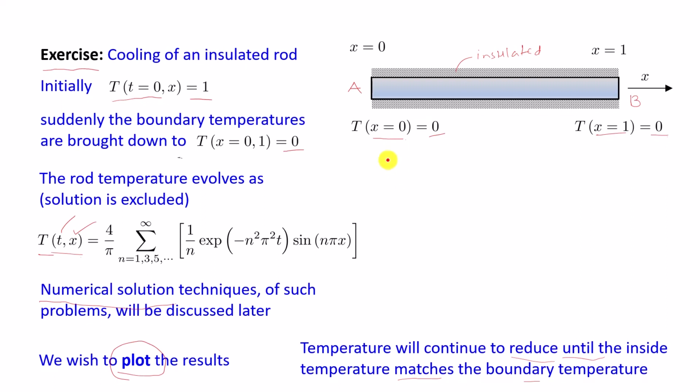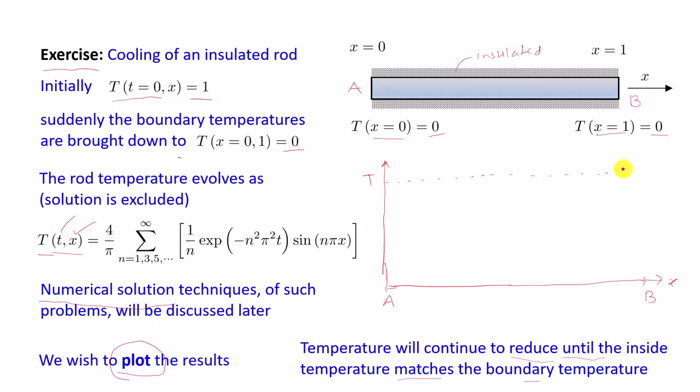Which means if I plot the temperature here, let us say this is my t-axis and this is my x-axis. Here I have my B and here is my A. This is the rod. Initially the temperature was 1, and suddenly it was made 0 at the ends.